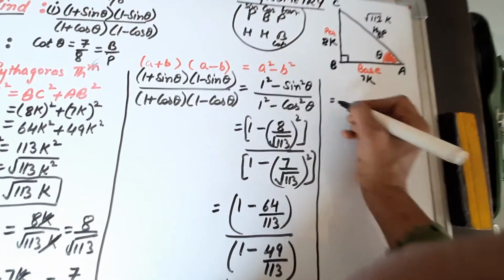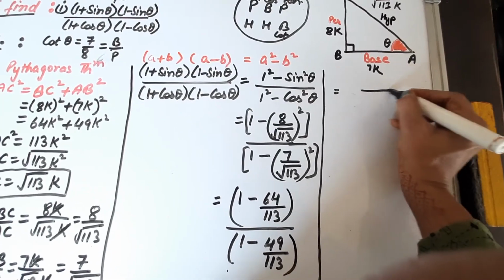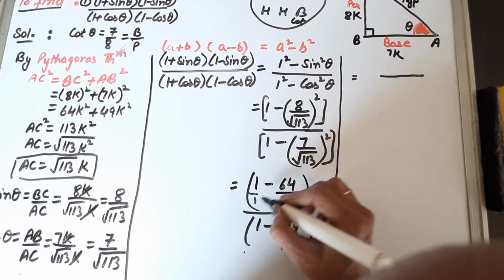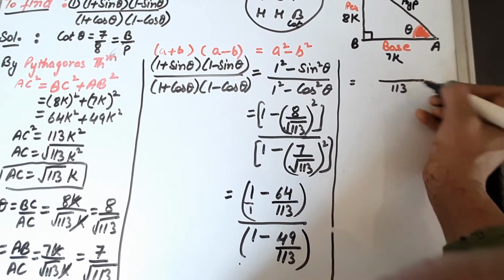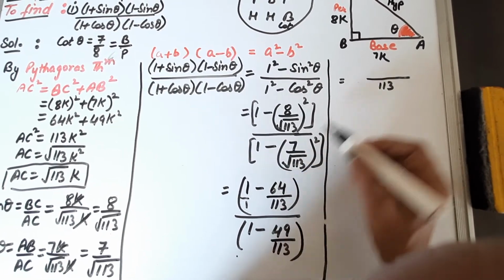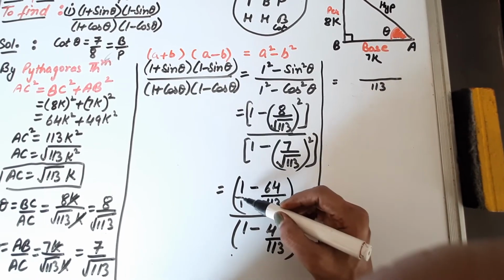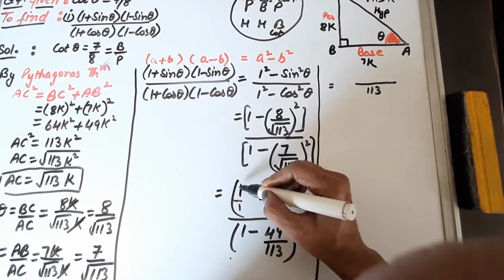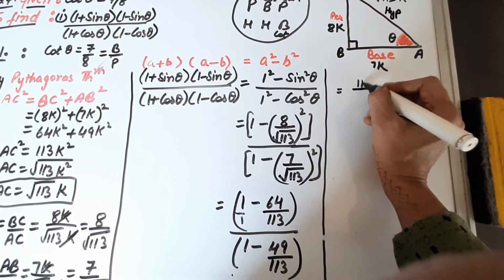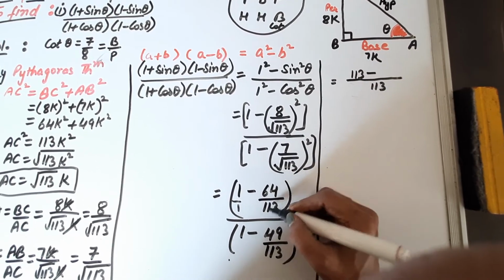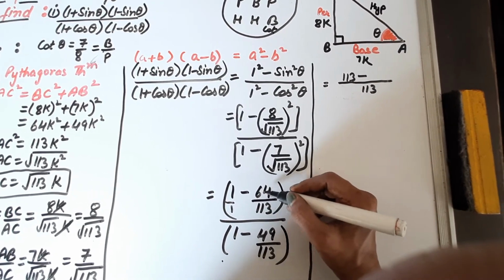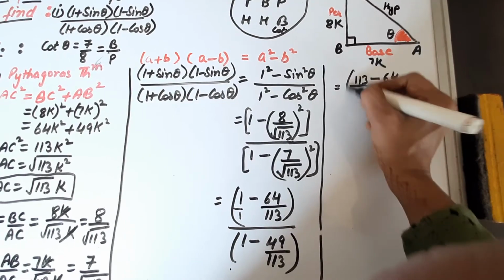When you take the LCM in the numerator, the denominator is 113 and here it is 1. So 113 ones are 113. And now let us compare the LCM with this denominator, 113. So we will multiply this by 113 minus, denominator same, LCM denominator same, therefore the numerator will also be same.